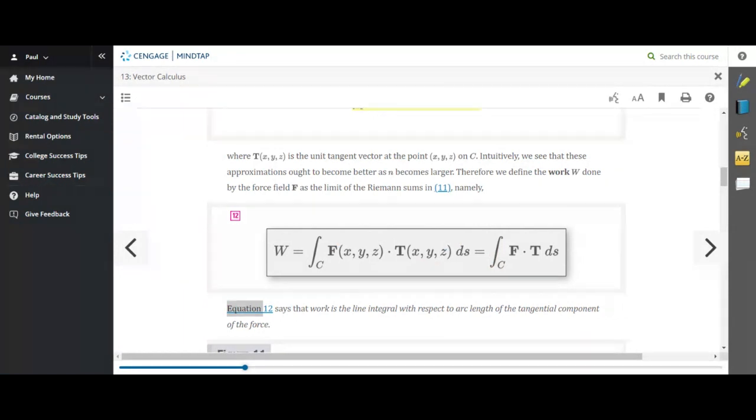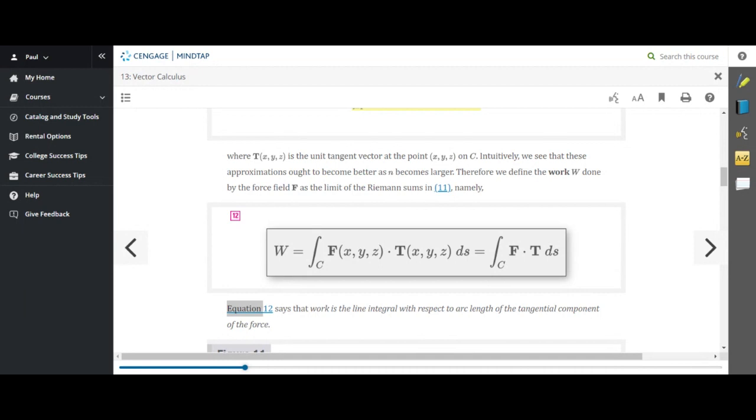okay, we can abbreviate the vector field f with x, y, and z. Every point x, y, and z in the vector field f is a point on the space curve. And so the vector function r of t, for different values of t, will give you those coordinates x, y, and z.